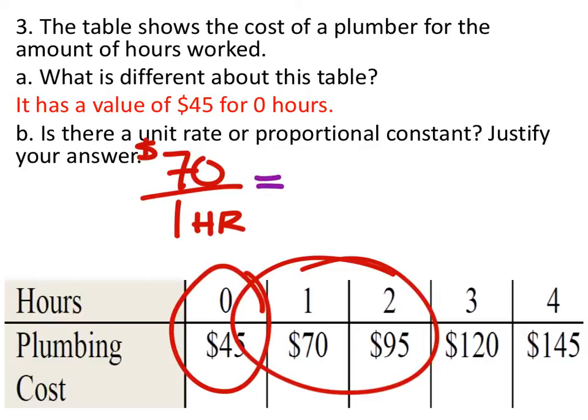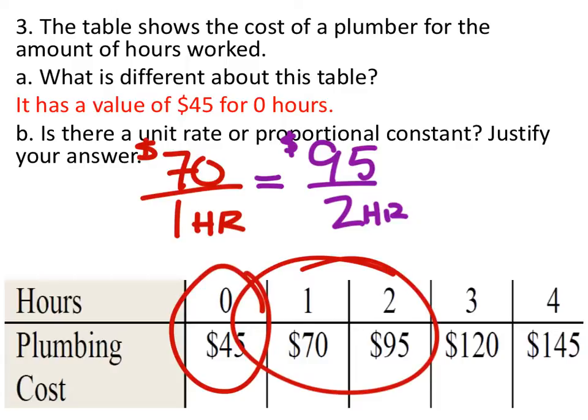So in order for there to be a proportional constant, we first can figure out if it's proportional by comparing these two values. And so we can look at these, and if it's necessary, we can simplify this 95 halves into some decimal value, but whatever it is, it looks like it'd be about 45 and a half, which is not $70 for 1 hour.